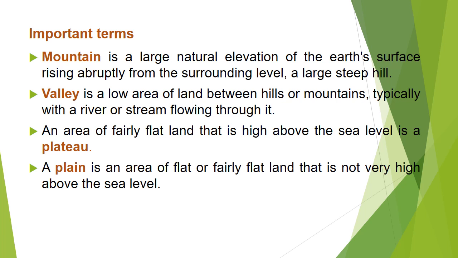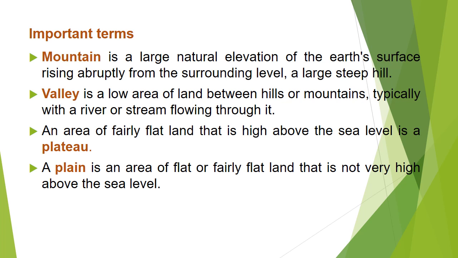Now here we have the definitions of these important terms: mountain, valley, plateau and plain. A mountain is a large natural elevation of Earth's surface, rising abruptly from the surrounding level, a large steep hill.